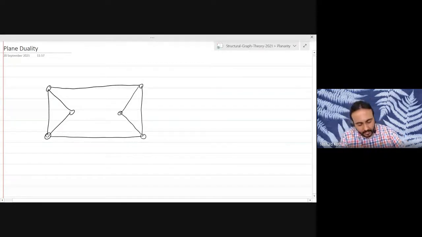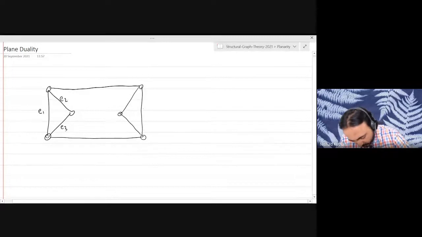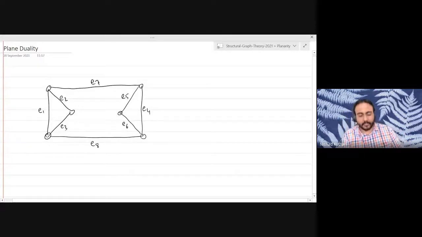So let's label the edges and the faces, because that is what's going to be important. E1, E2, E3, E4, E5, E6, E7, and E8. And let's label the faces F1, F2, F3, and F4.